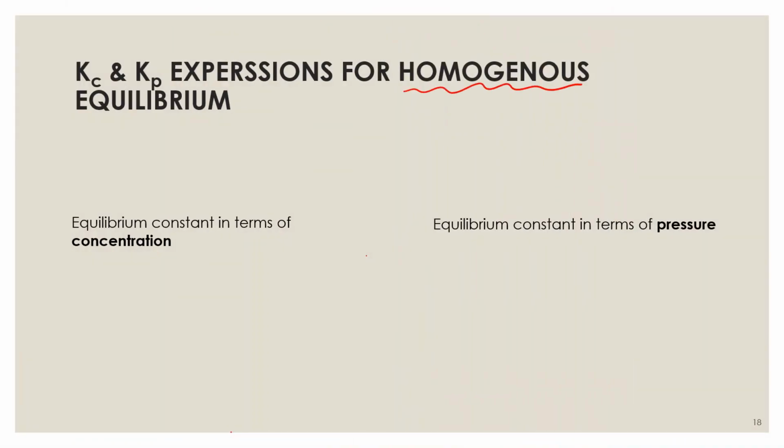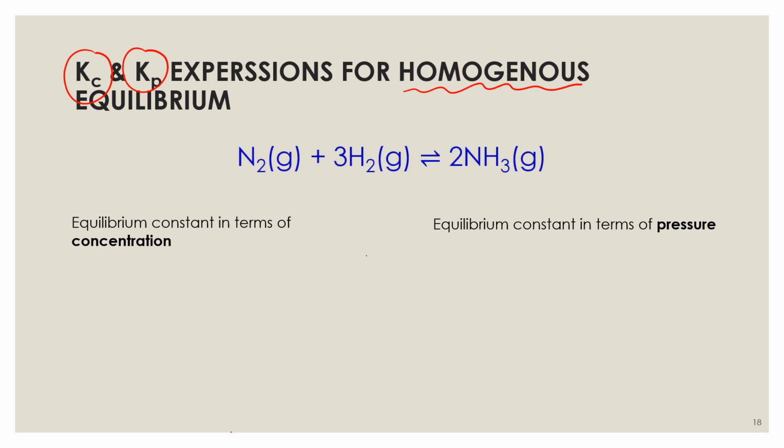For homogeneous equilibrium, we can write their Kc and Kp expressions. In order to write Kc and Kp expressions, we need to have a balanced chemical equation first. As in this equation, we have nitrogen gas reacting with 3 mole of hydrogen gas to form 2 mole of ammonia gas.